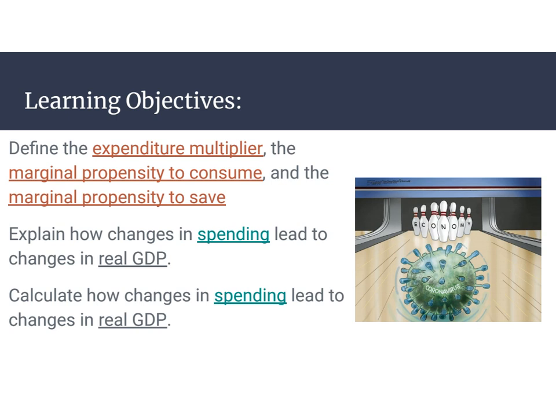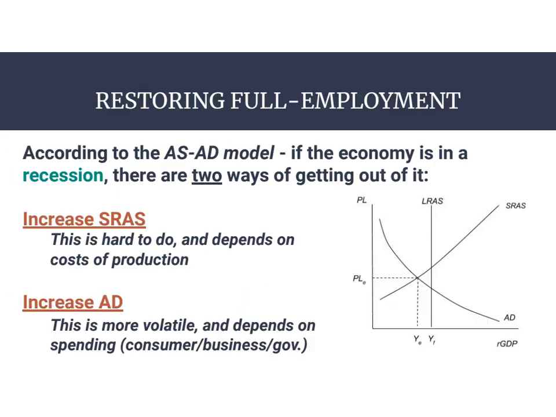So you should, before the end of this video, know the formula for each one of these three things and how we use them. And then we're going to explain, using them, how changes in spending leads to changes in real GDP. So remember real GDP on the aggregate supply and aggregate demand model. Changing spending will change output, and then calculate how changing spending will lead to changes in real GDP.